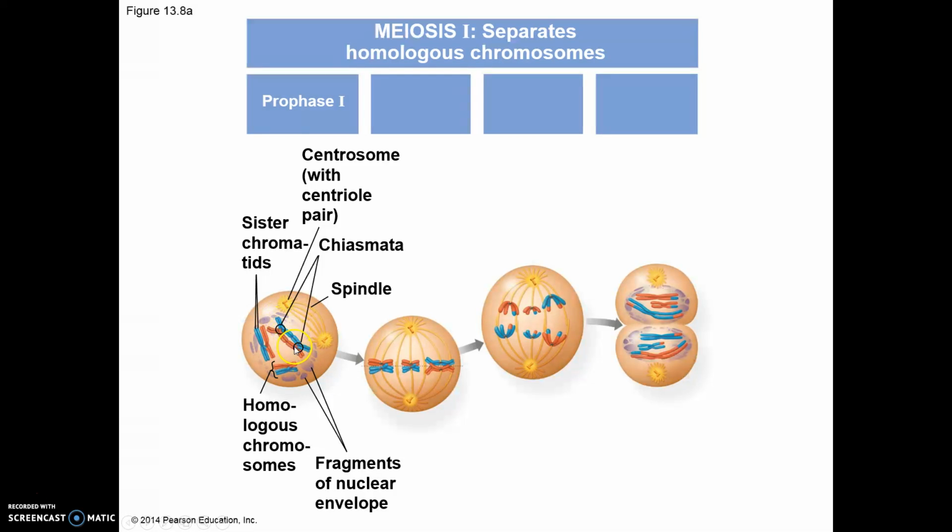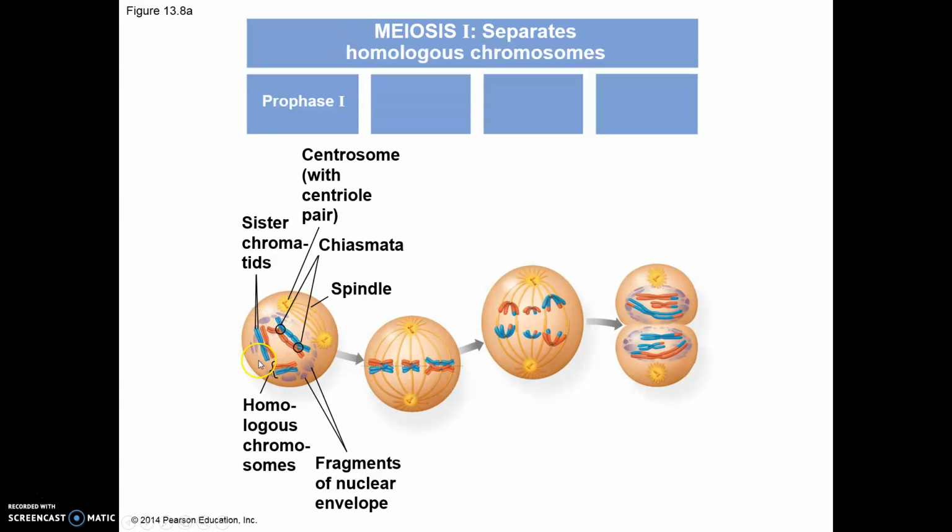They are going to seek each other out and form together this 4 chromosome unit called chiasmata. Okay? So we're going to have both sister chromatids of 1 from mom, both sister chromatids of chromosome 1 from dad, and they're going to link together.